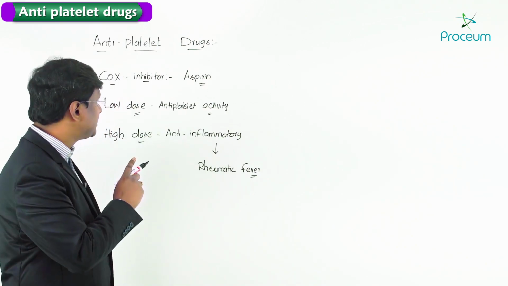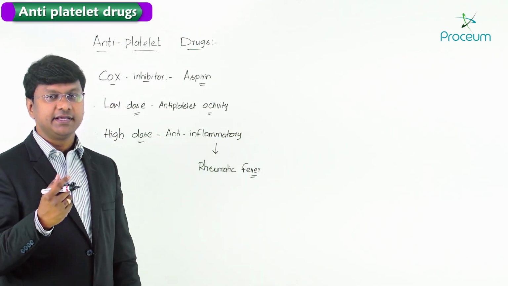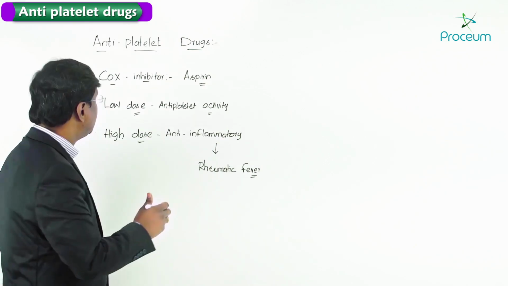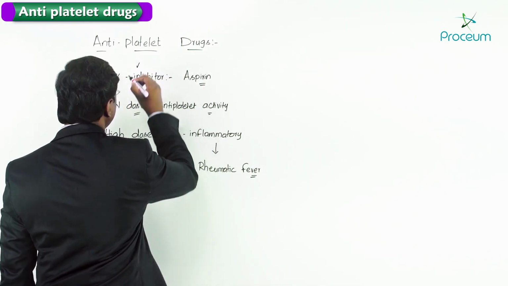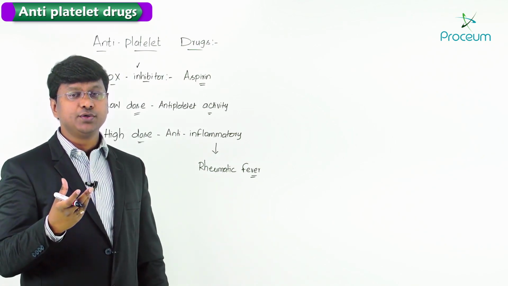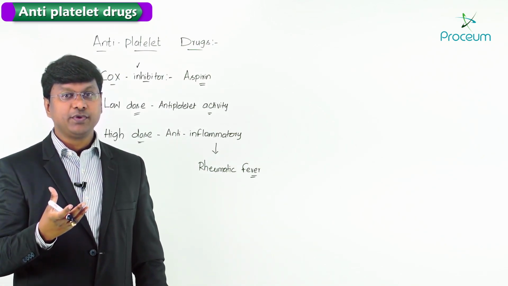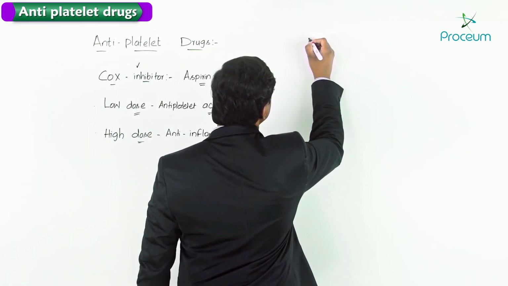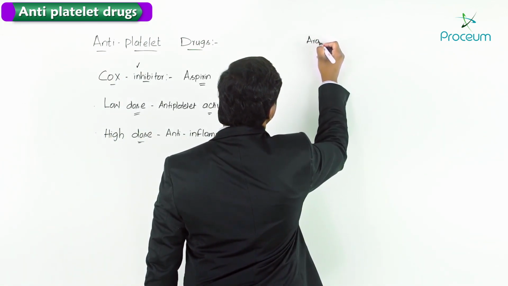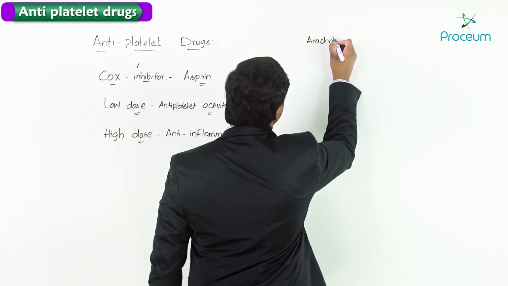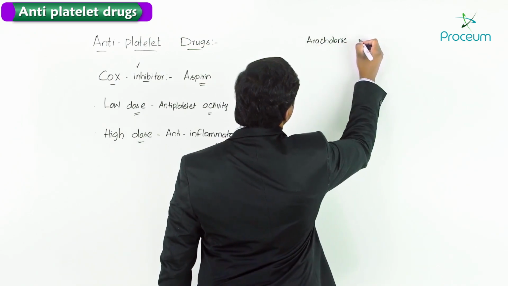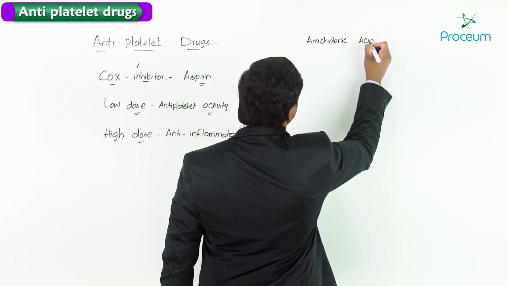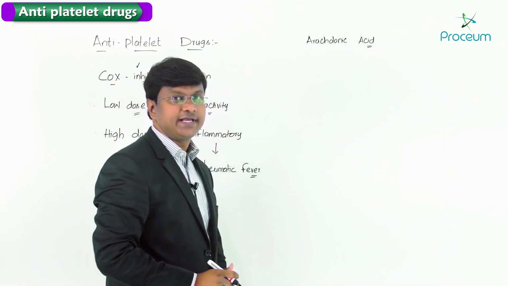Now let me discuss the antiplatelet activity and what is its mechanism of action. Aspirin is a COX inhibitor. Now let me tell you in which particular pathway your COX enzyme is required. We have a substance called arachidonic acid.